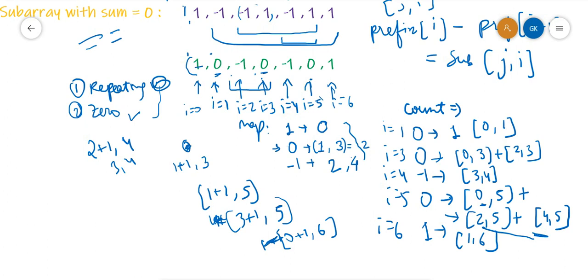But if you store only the count, that will also work. So let us say I am at I equal to 6, so 1 was present at I equal to 0, so we stored only the count of 1 encountered previously, so that was 1. Only one was present previously, so that will only contribute 1 to our answer.